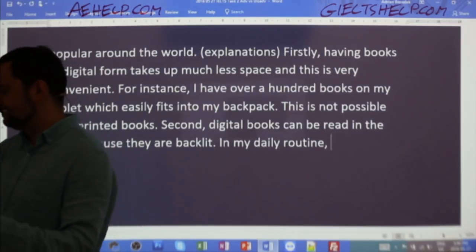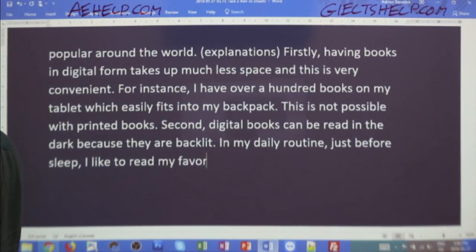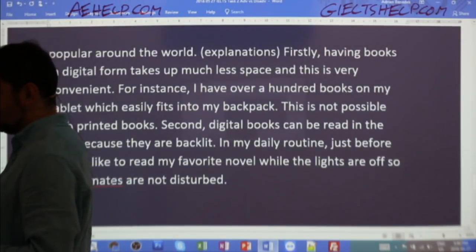So in my daily routine, just before sleep, I like to read my favorite novel while the lights are off. So my roommates are not disturbed. Okay, sure. Or your dorm mates, you could also say.